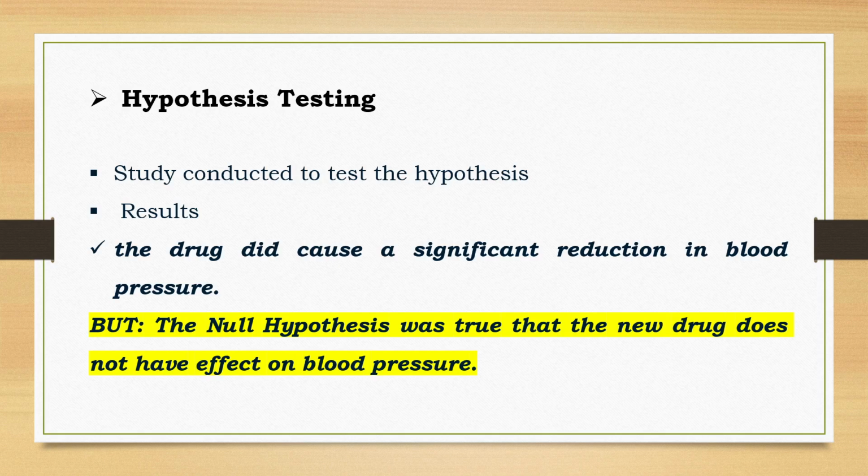A study was conducted to test the hypothesis, and the result came out clearly that the drug did cause a significant reduction in blood pressure. However, the null hypothesis was true, that the new drug does not have effect on blood pressure.